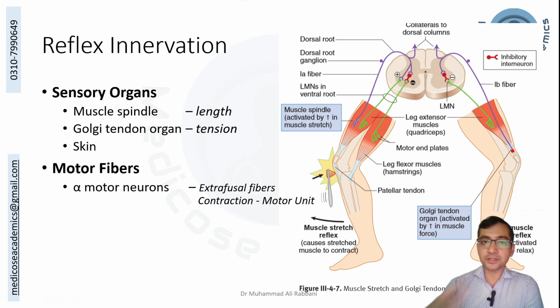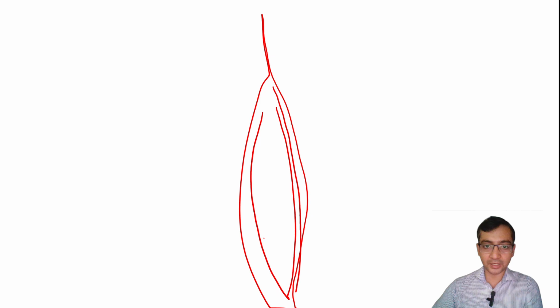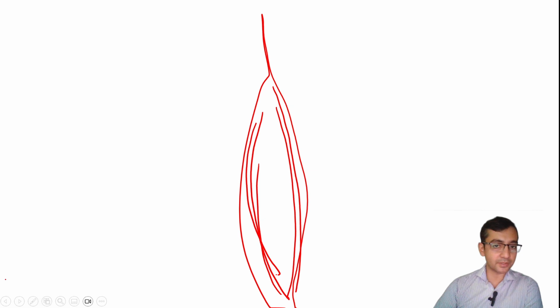Let me move to another screen. Let's say here is the muscle. This muscle has fibers. These are the fibers that bring about all the contractions. These are the extrafusal fibers.